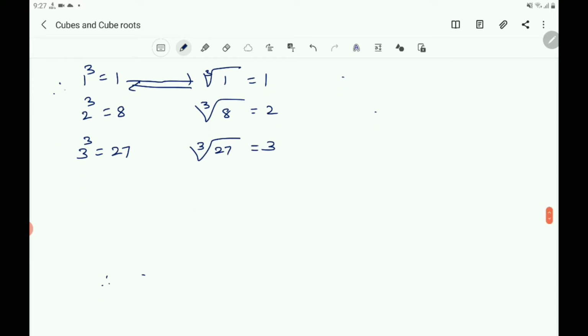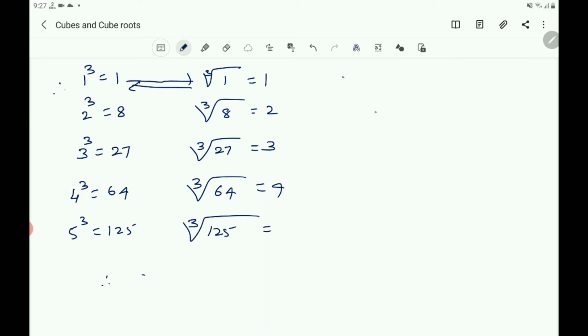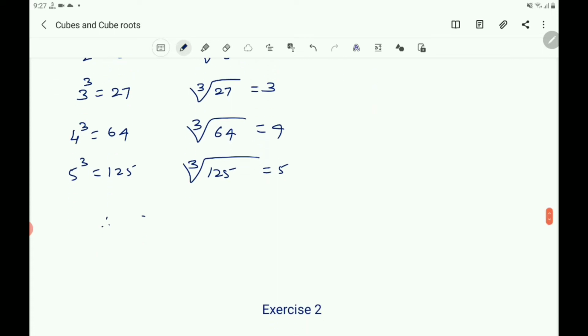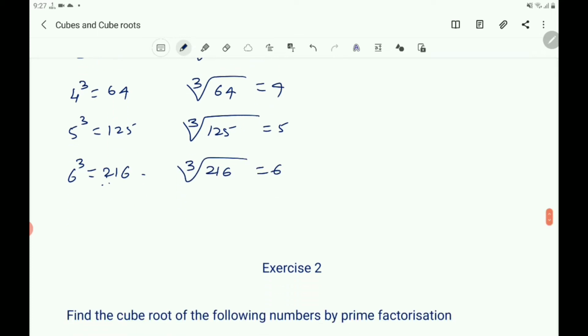And also 4 cube equals 64, then cube root of 64 is 4. 5 cube equals 125, then cube root of 125 equals 5. 6 cube equals 216, then cube root of 216 is 6.